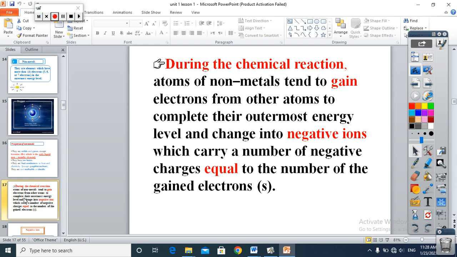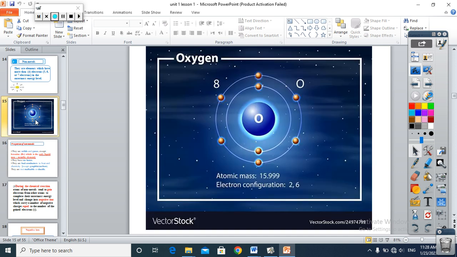During the chemical reaction, atoms of nonmetals tend to gain electrons from other atoms to complete their outermost energy level and change into negative ions, which carry a number of negative charges equal to the number of gained electrons. When oxygen gains 2 electrons, it will be a negative ion carrying negative 2.